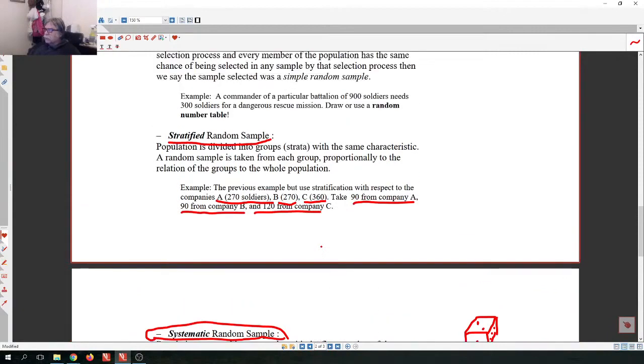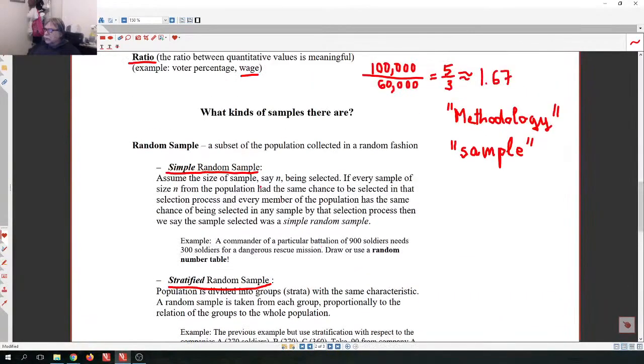And again, let me point this out. A simple random sample is collected by way of lottery, and that is the best type of sample you could have. It should have the least amount of bias, and the methodology itself is perfect, but the eventual sample might not be.